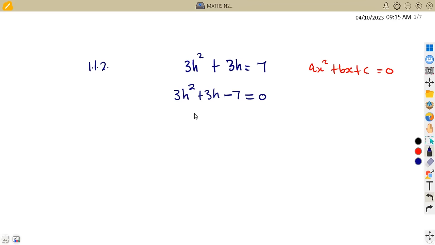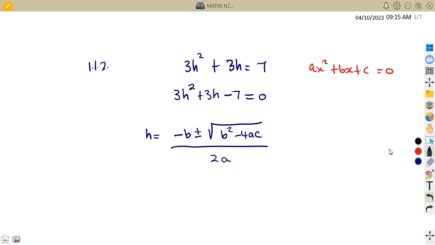All right, so that's h is equivalent to minus b plus or minus the square root of b squared minus 4ac, everything over 2a. So we are still having the same quadratic formula, but just h is equal to, because it's an equation in terms of h.